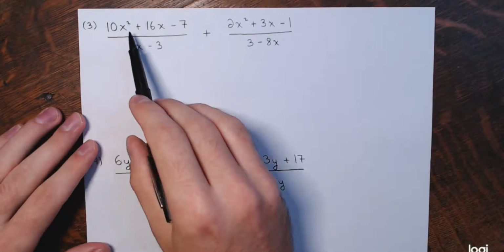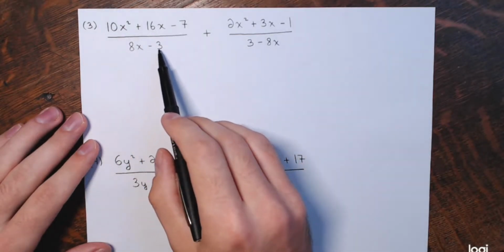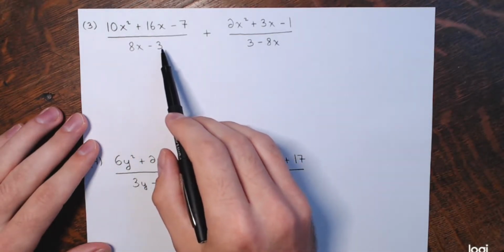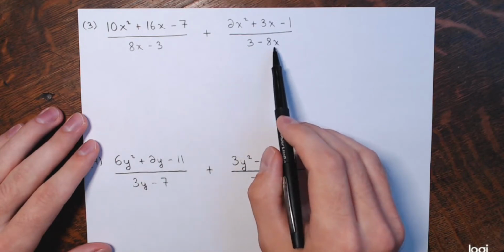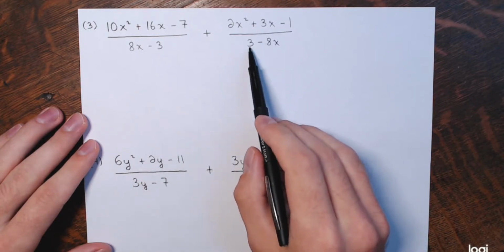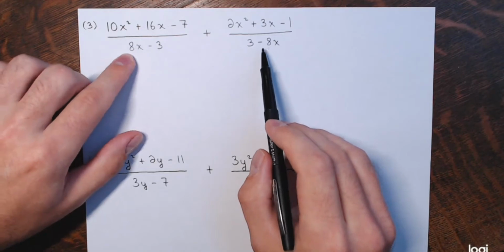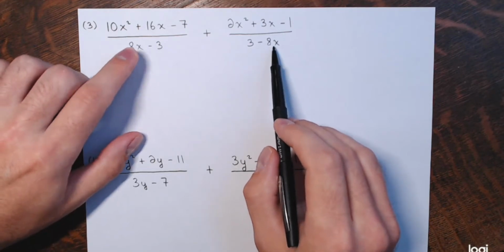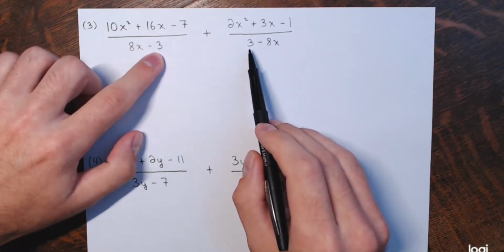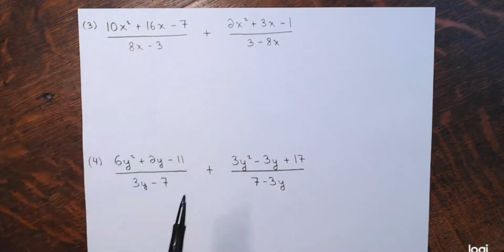All right, so same deal. This denominator, 8x minus 3, the denominator of the other fraction is negative 8x plus 3. See, 8x, negative 8x, opposites. Negative 3, positive 3, opposites.